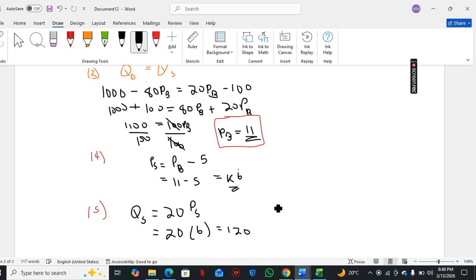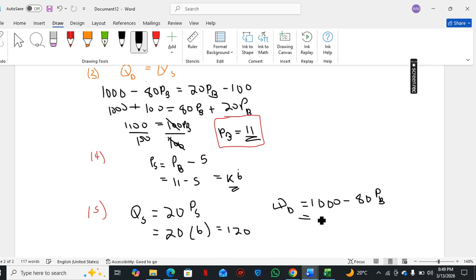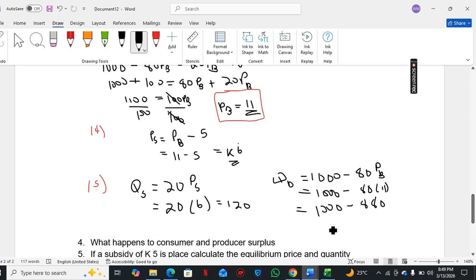If you use the demand function, QD equals 1000 minus 80 times PB, where PB equals 11 kwacha. 80 times 11 is 880. 1000 minus 880, you get 120. So I'm just proving it here.